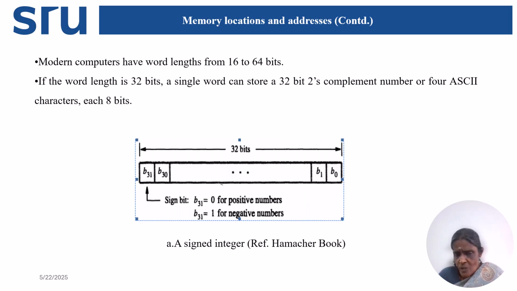The bits go from LSB to MSB: B0, B1, B2, up to B30, B31. It is not 32, because the counter starts from 0, so it goes up to 31.